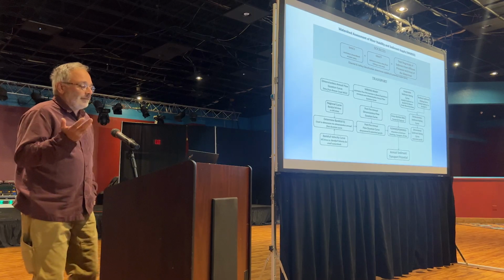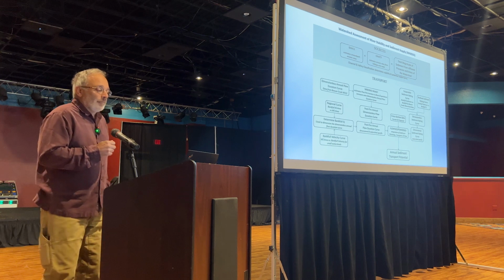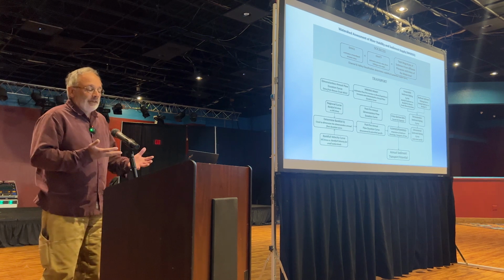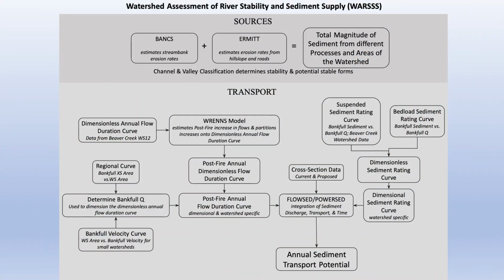So a little bit about this watershed assessment of river stability and sediment supply. It has two major portions. One is looking at sediment sources, and we're trying to divvy this out from the two major sources of sediment in the watershed. One is coming from channel sources, and we use the BANCS model to look at that.